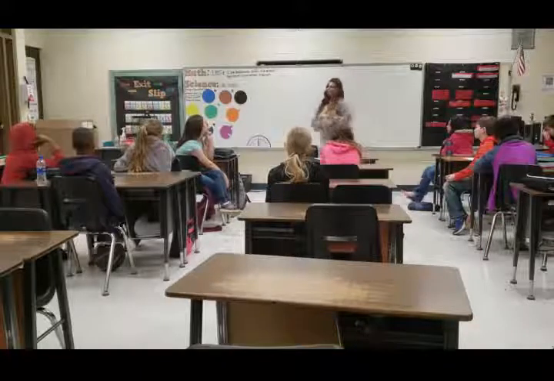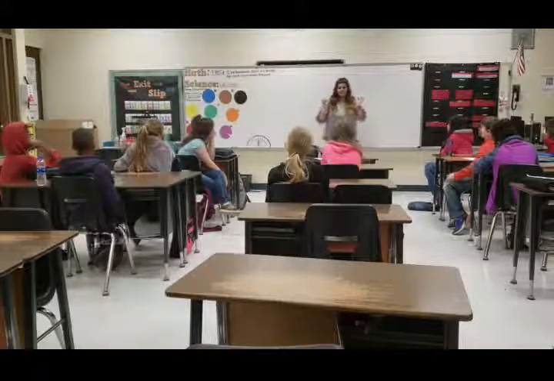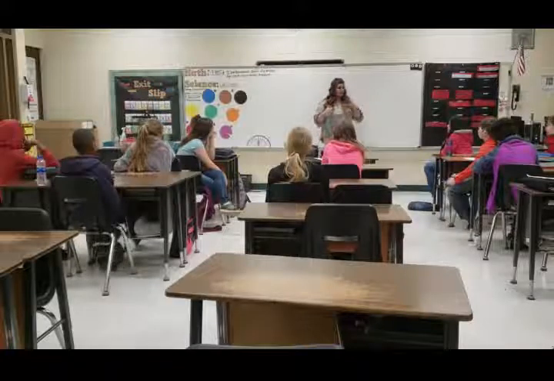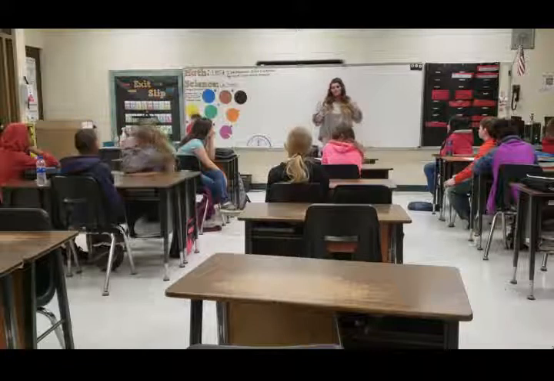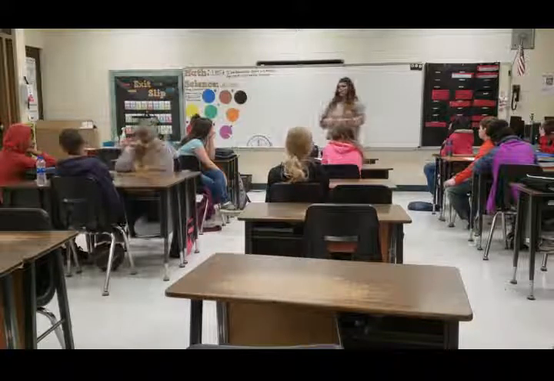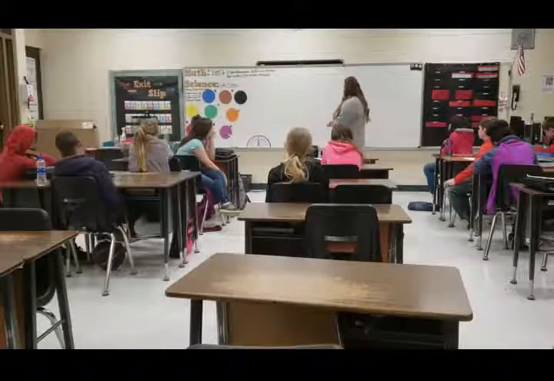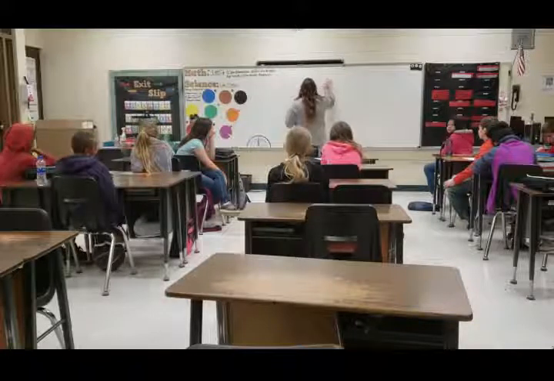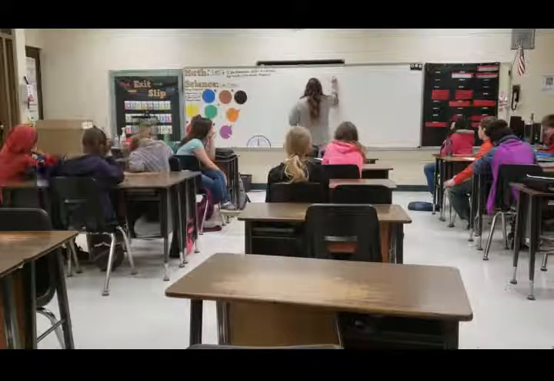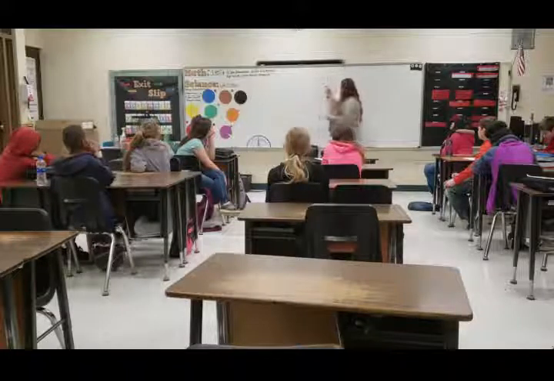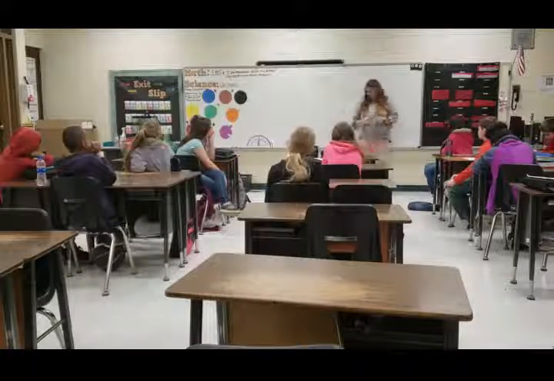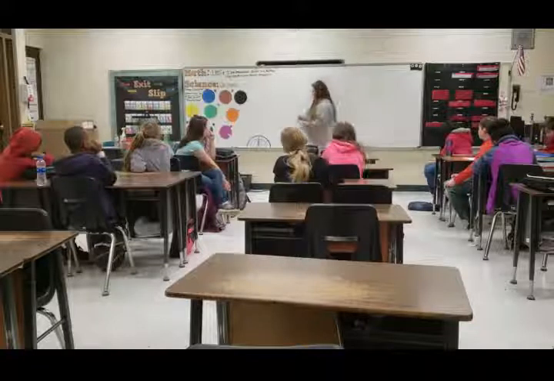We use our benchmark numbers to get us close to our dividend, right? And we multiply that by our divisor. So, going back to review over vocabulary, if I wrote 89 divided by 4, and I said, what is this? What would you tell me?